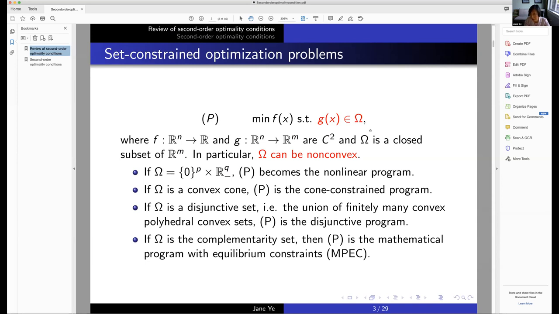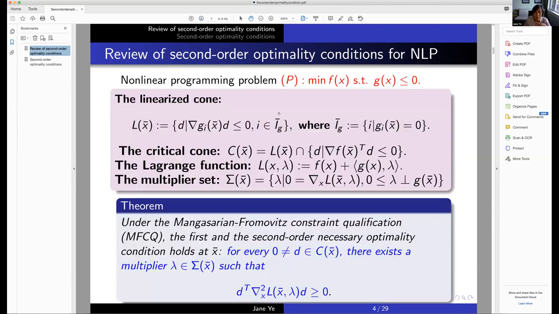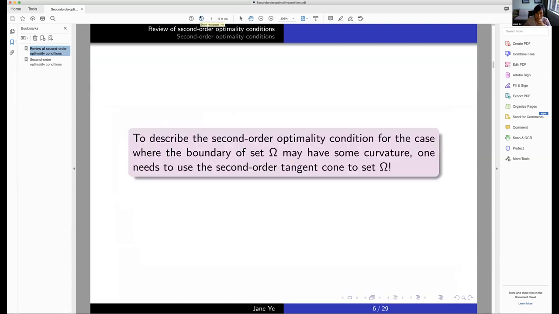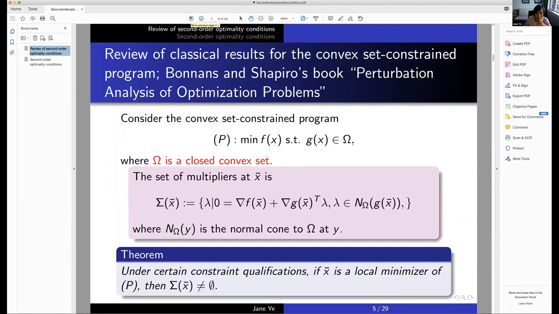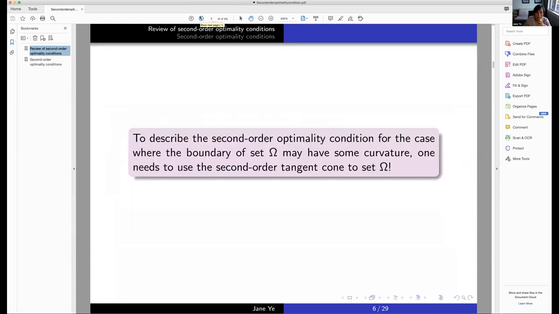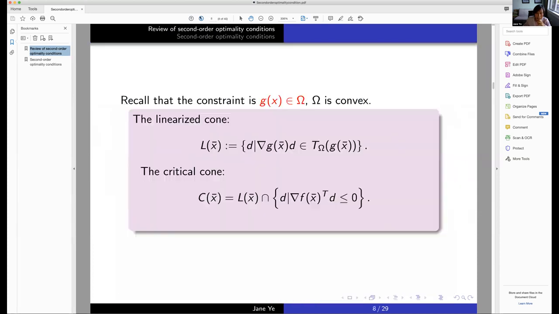For example, under constraint qualification, you can write the tangent cone like this.